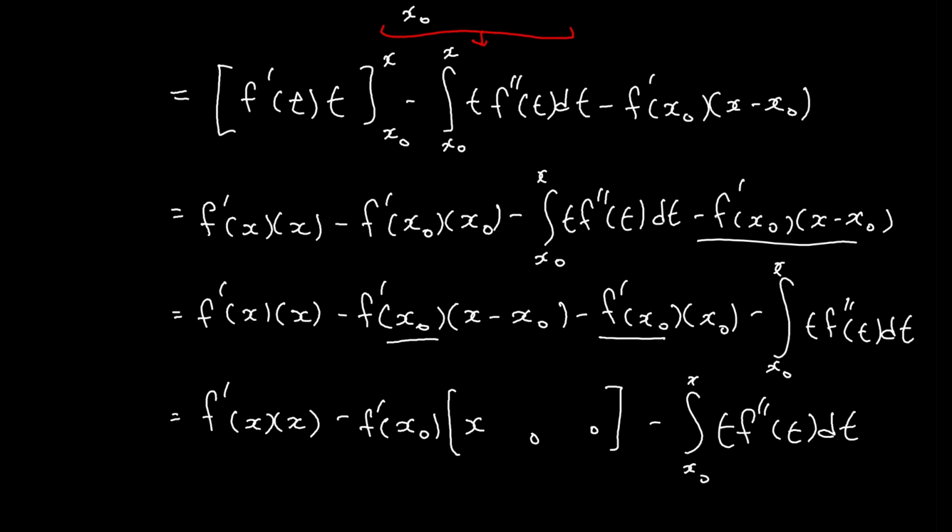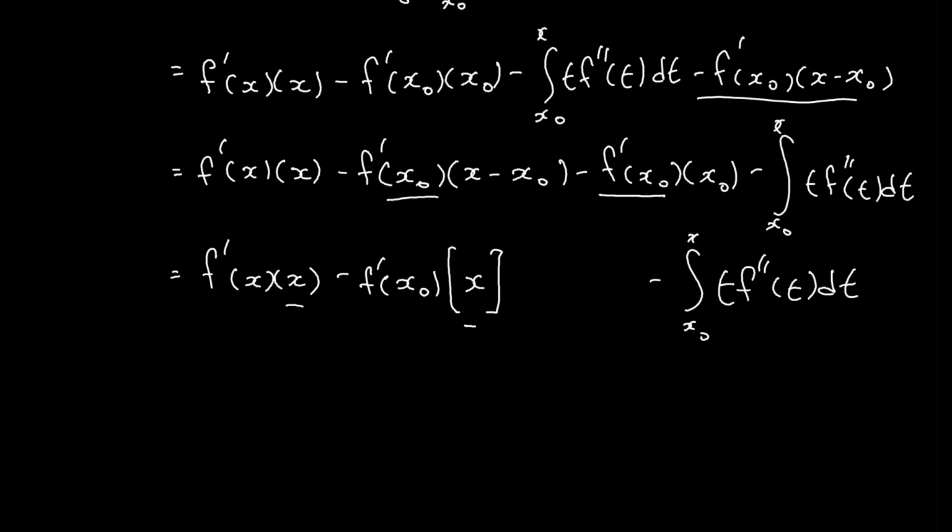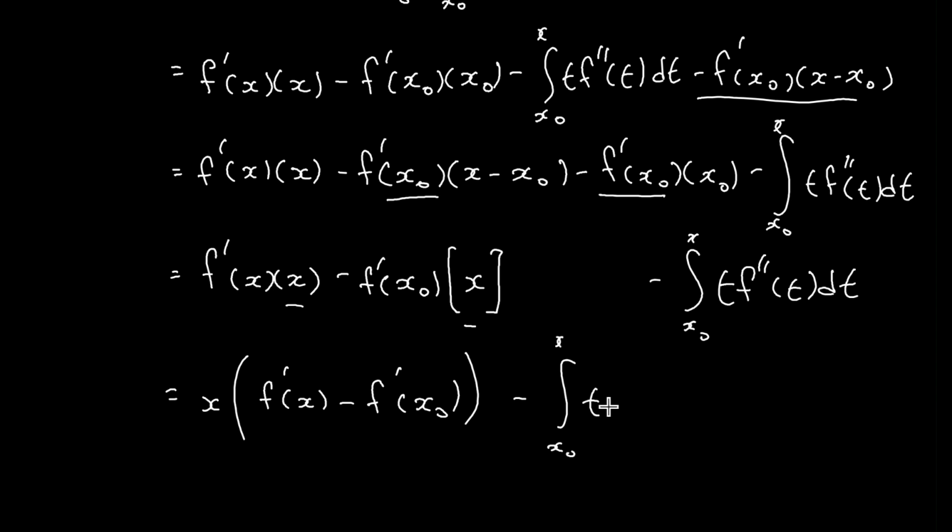And then we can factor again, because this is times x. So we get x times f prime of x minus f prime of x0, minus the integral from x0 to x of t f double prime of t dt.